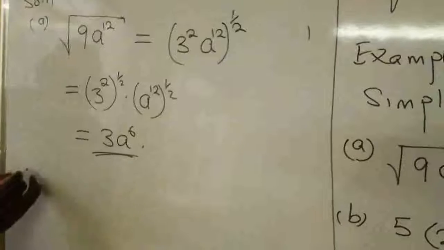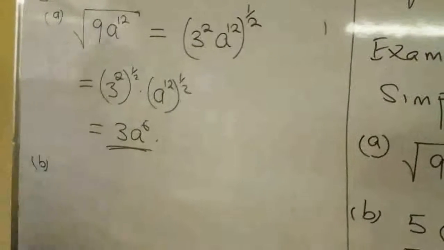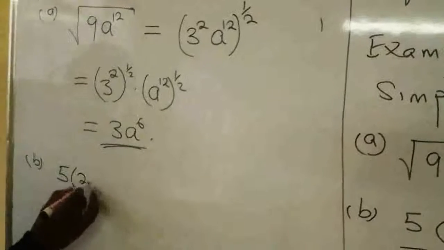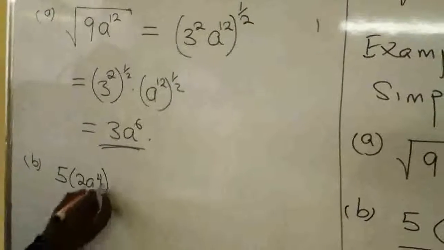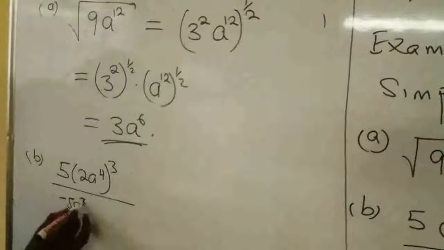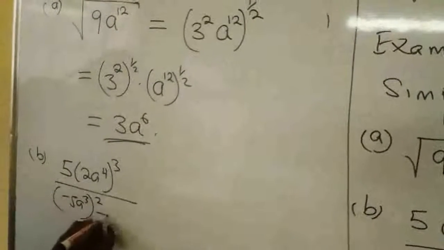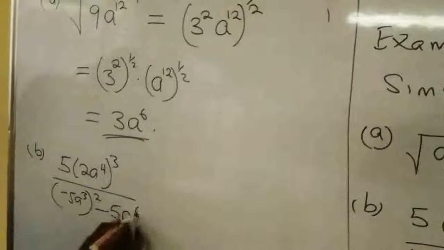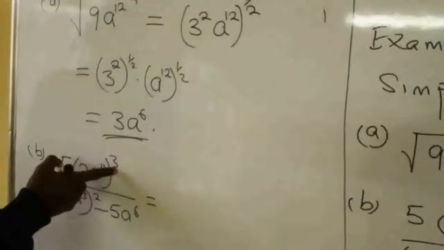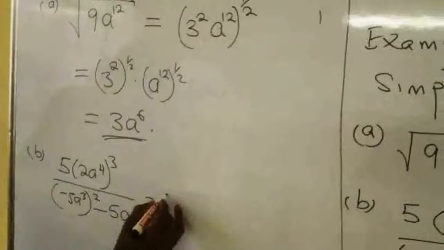Example 1B: 5 into brackets 2a power 4 cubed over negative 5a cubed squared minus 5a power 6. For this one, we make sure that the power 3 enters into the bracket.